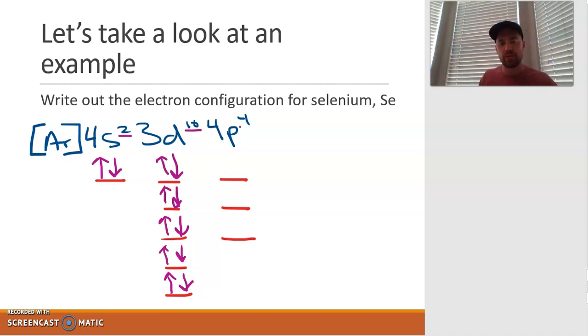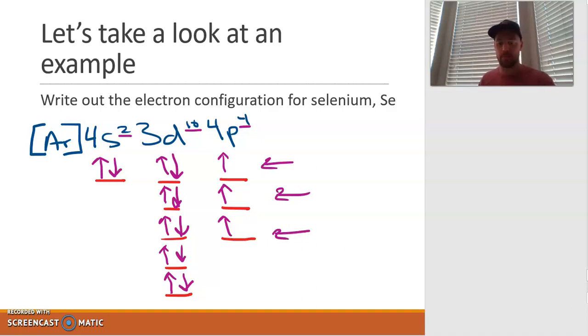But when you come over here to these 4 electrons, if I fill them like this, 2, 3, and 4, that's violating Hund's rule because there's an empty orbital, yet I've doubled up electrons. Instead, what I should be doing is put 1 electron in each orbital, and now that 4th electron I can double up. Now, and here's the kicker. Remember, all 3 of these orbitals here are technically all the same energy, right?